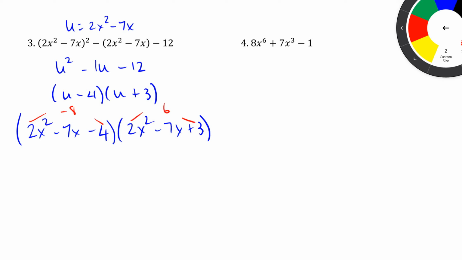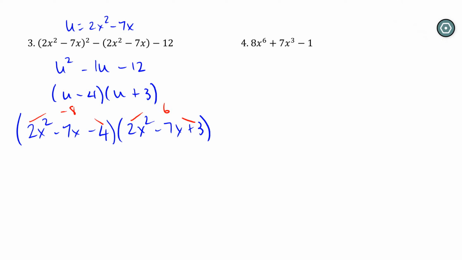So I'm going to multiply the first and last numbers together. That gives me something that I can use then to figure out what the two middle terms need to split to. So for this first one, I'm going to rewrite this as 2x squared. What multiplies to make negative 8 but adds to make negative 7 is negative 8x plus 1x minus 4. I have 2x to the second power.